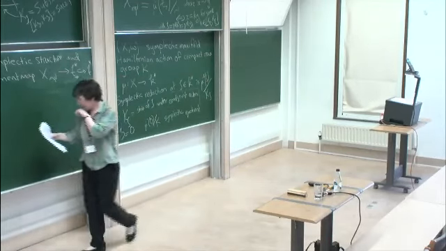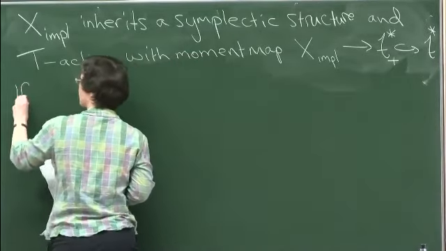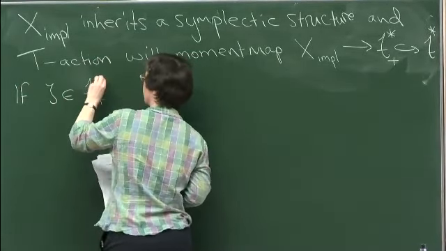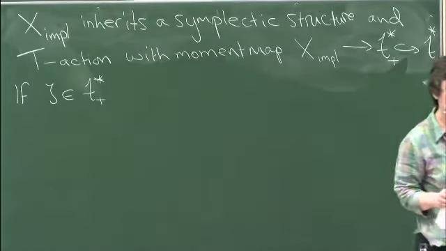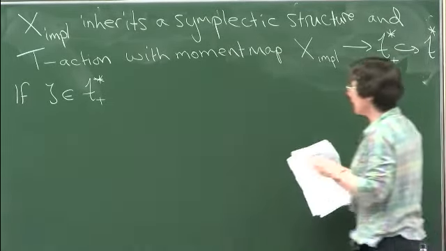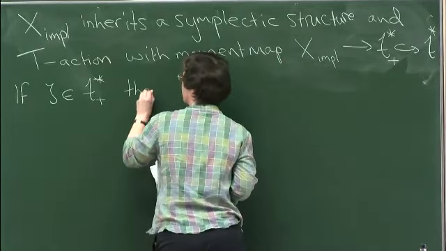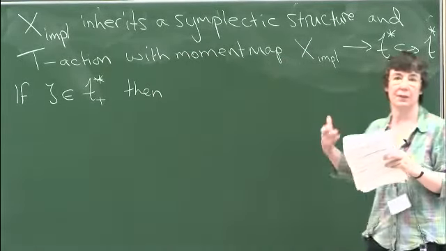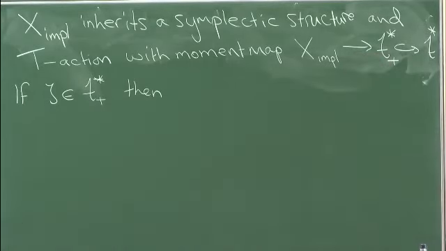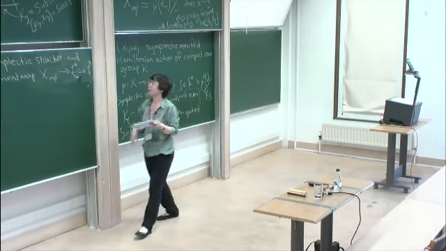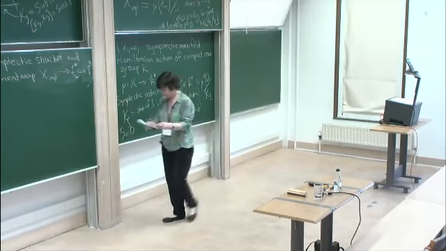And then it also has the property that if you take a point in the positive Weyl chamber and you look at the symplectic reduction at this point, then you've got two symplectic reductions you can look at. You can look at the symplectic reduction of the original symplectic manifold X by K, and you can also look at the symplectic reduction of the imploded cross-section by T, and they're the same.